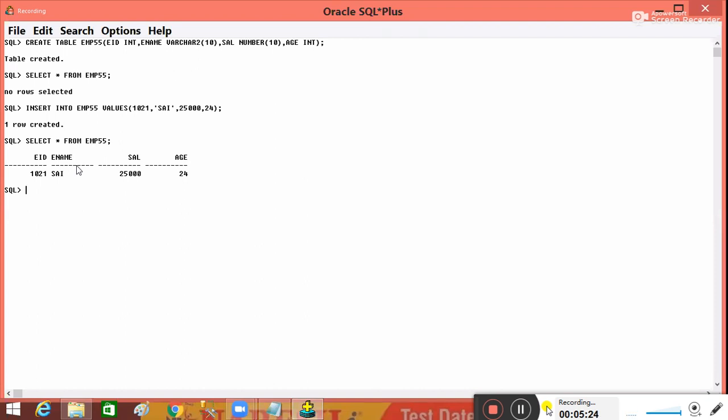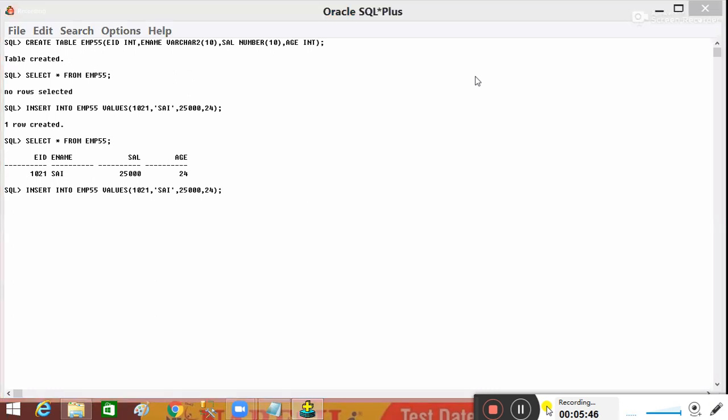After that, the same row data, the same information, I am storing into this table again. This data is already there in the table, but I'm inserting the same information again.